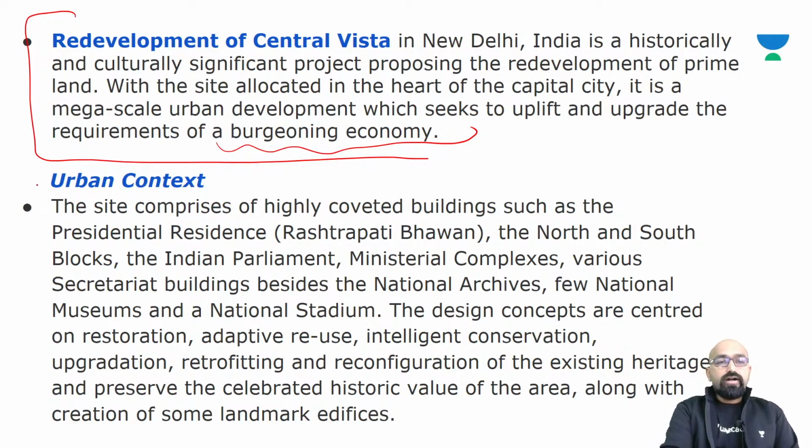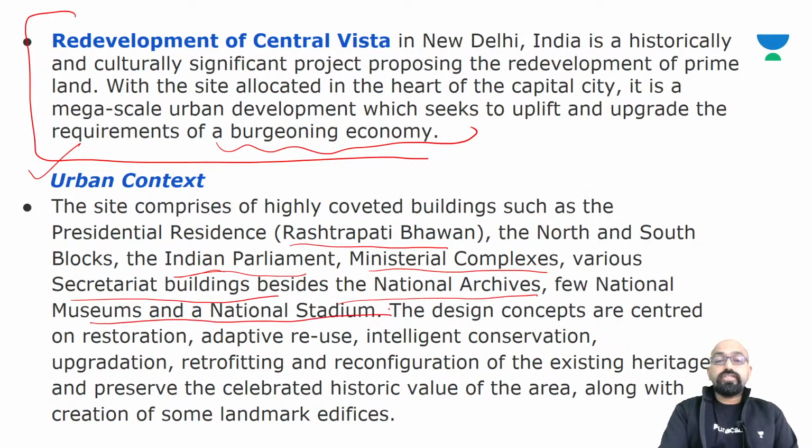Now if we are discussing this redevelopment under the urban context, then the site comprises highly coveted buildings such as the presidential residence Rashtrapati Bhavan, the north and south blocks, the Indian Parliament, ministerial complexes, various secretariat buildings, beside the National Archives, a few national museums, and the national stadium.